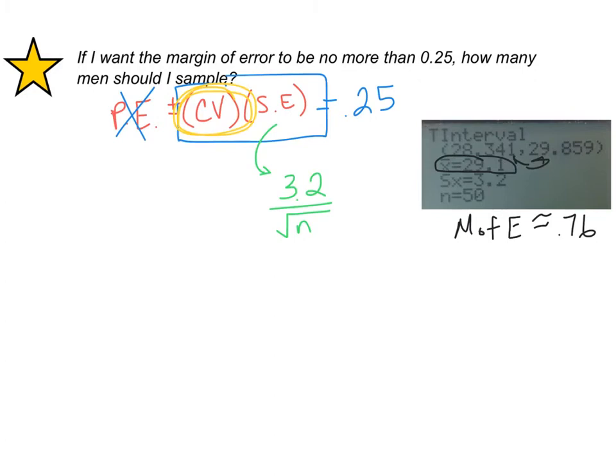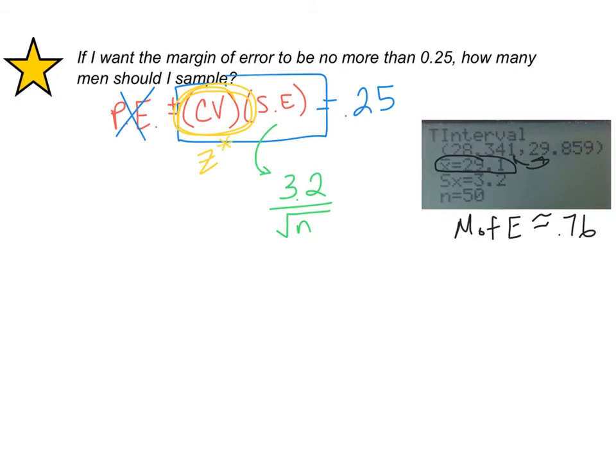And this is too many things working at once. We have to solve for this n. We can't also need to solve for it to get a t. So in fact, we go back at this point to z star. Okay, for problems like this, we're going to use z star.